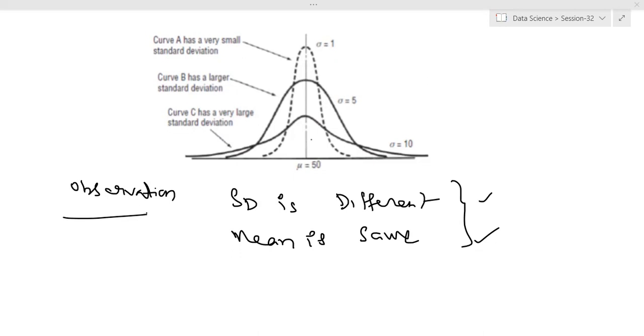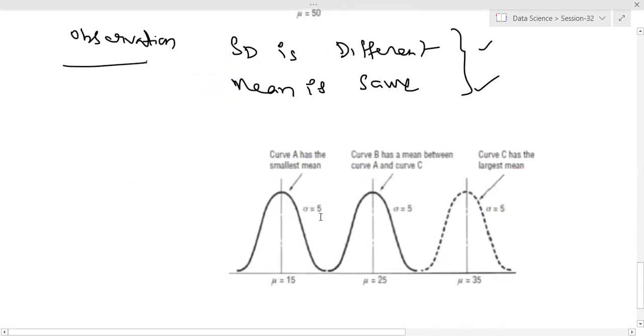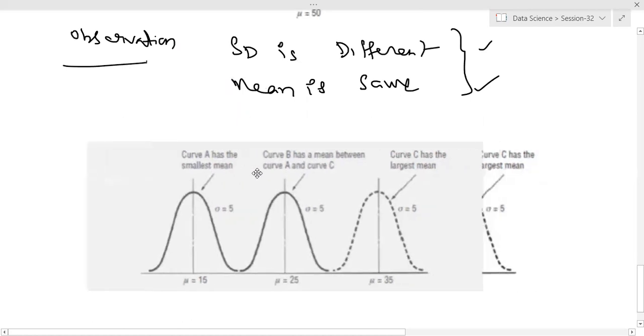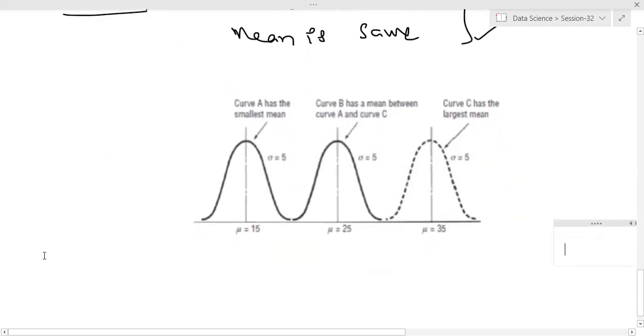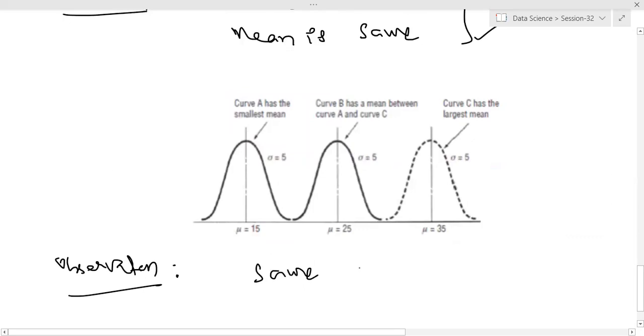Okay, now if I'm asking you to have a look at this diagram, what is your observation? The same standard deviation applied on different means. Yes, that means I have the same standard deviation, but my means are different.